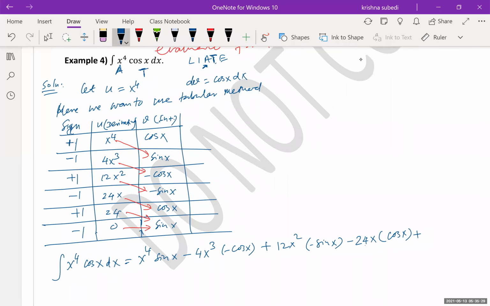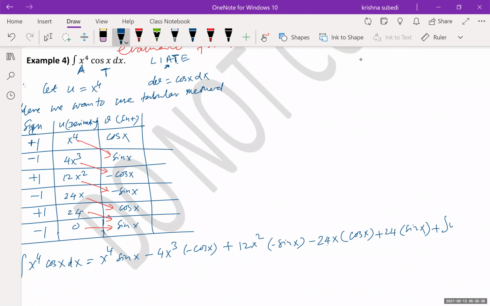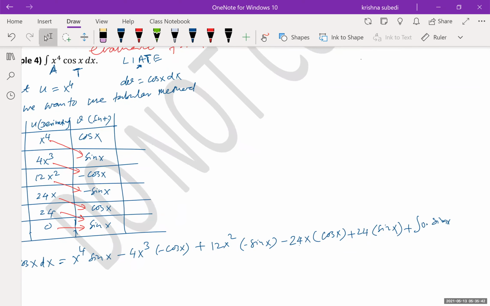plus 24 times sine x plus integration of 0 times sine x. So the last term you keep integration, but since 0 times anything will be 0, I don't want to put the integration there. I simply write 0 plus c at the end. So that's it.